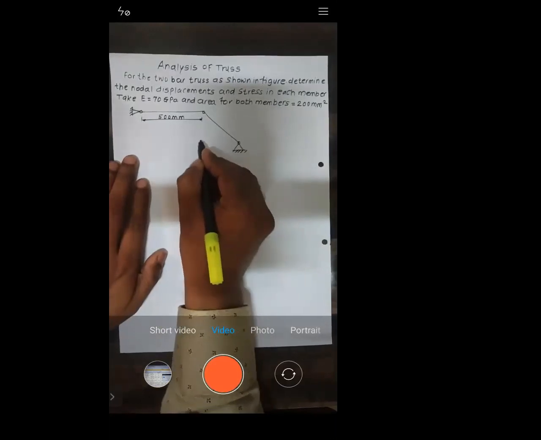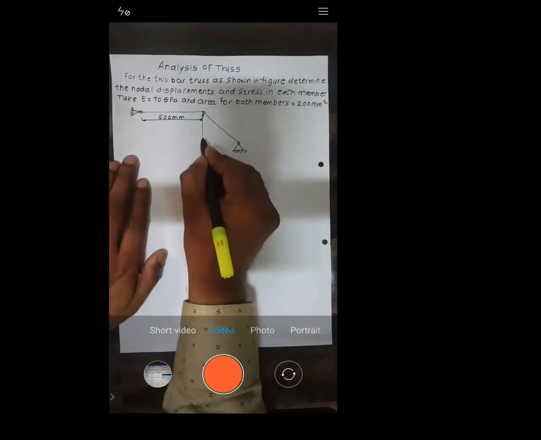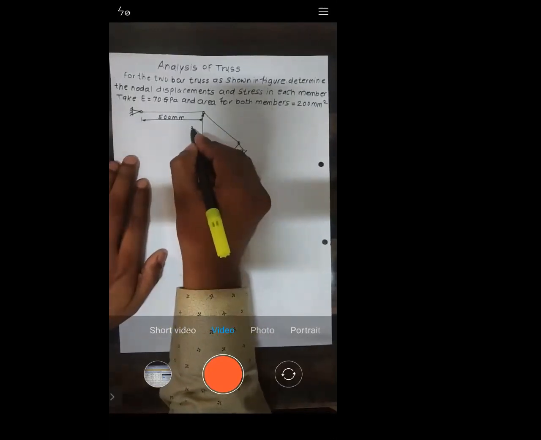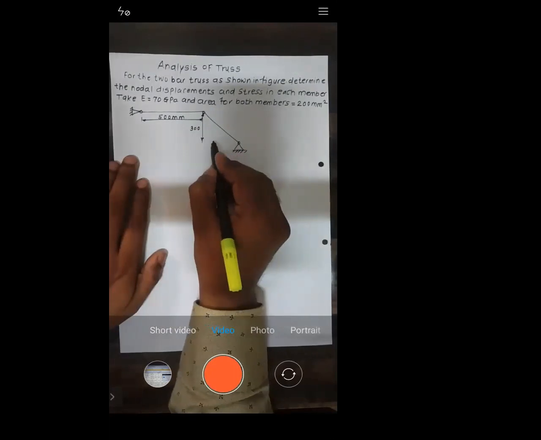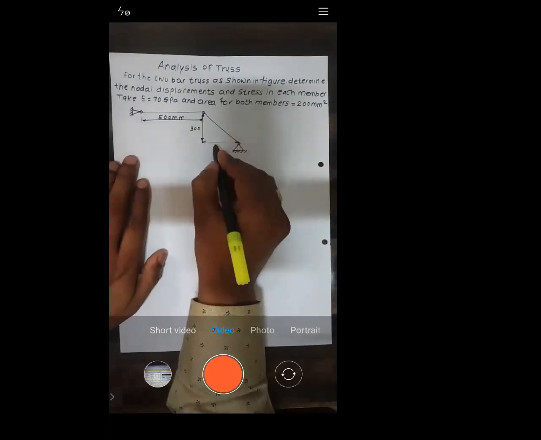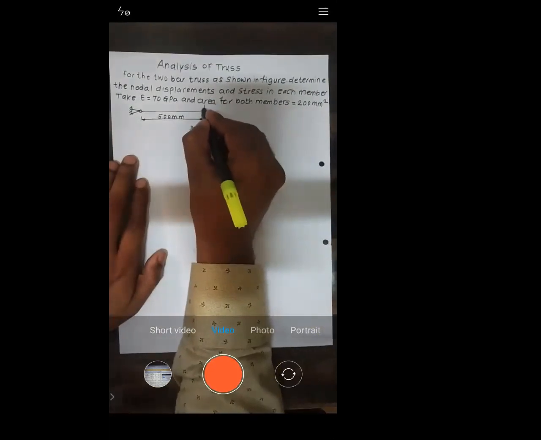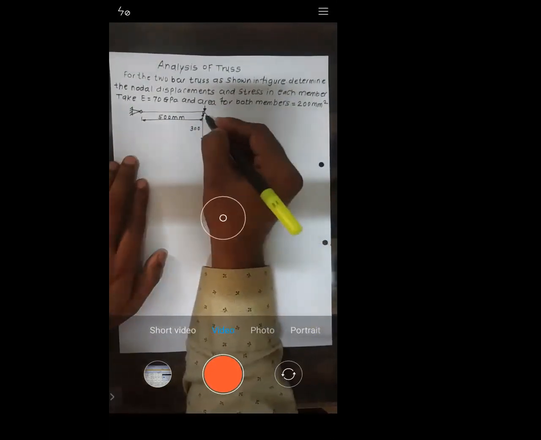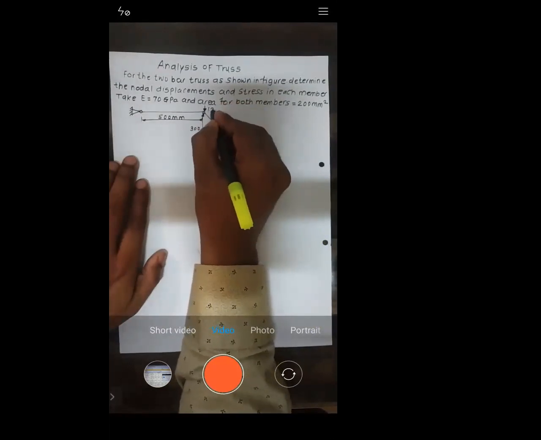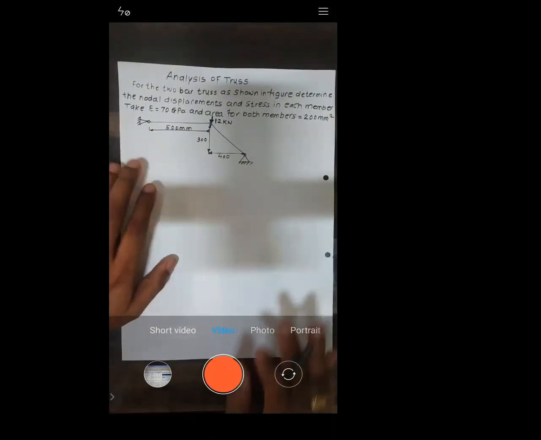This vertical distance is 300, and this distance they have given as 400. At this point they have applied a downward load of 12 kilonewton, going vertically downward. Is it okay with this diagram?